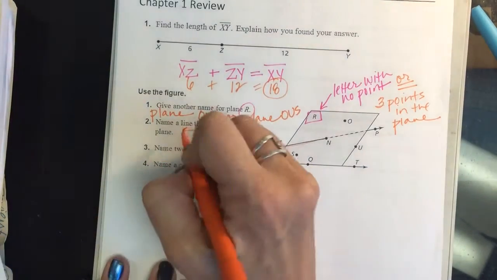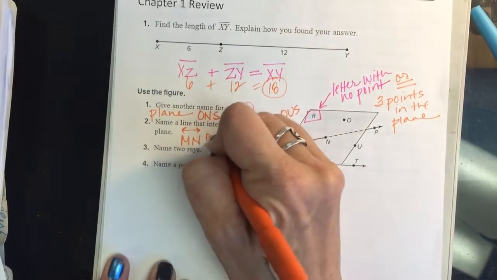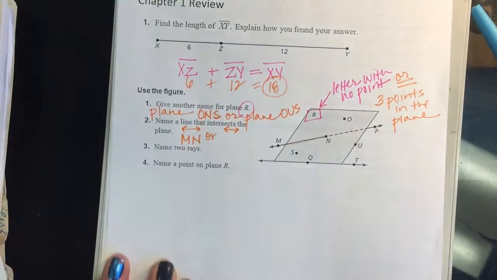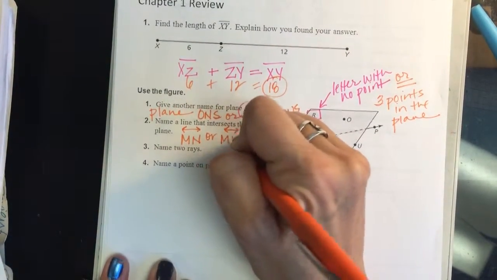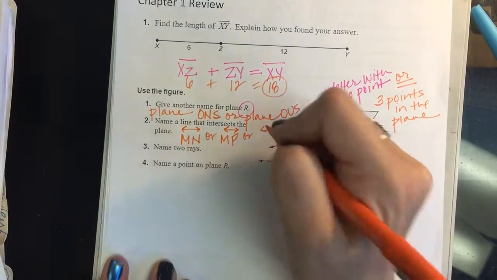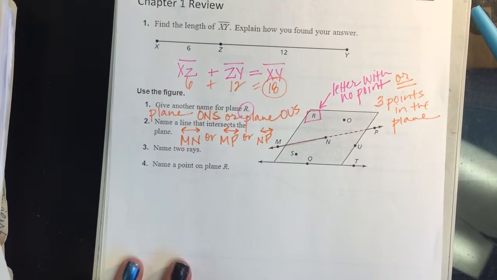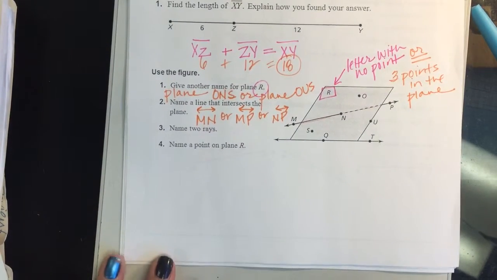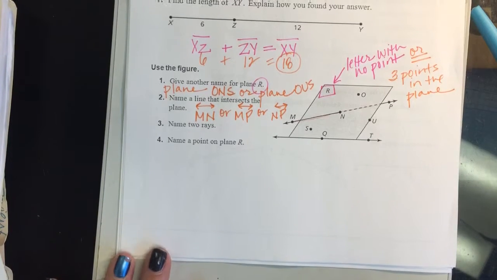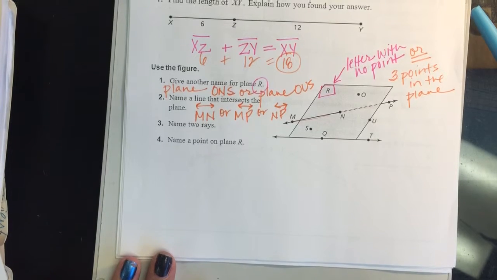You can name it line, notice my notation, MN, or you can name it line MP, or you can name it line NP. To name a line, you use 2 points on it and the correct notation over the top of it. Your notation matters, and notation will be graded for accuracy.